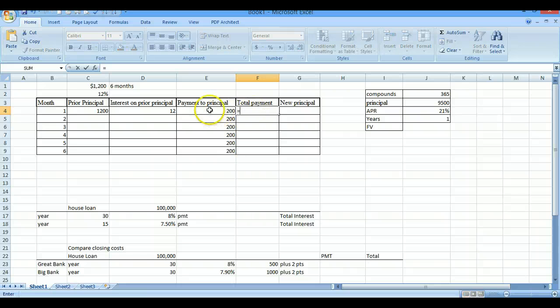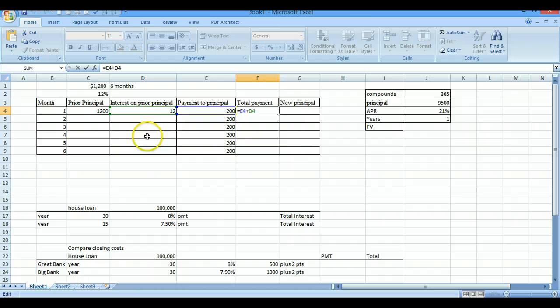And our payment that we have to pay towards the bank will be those two cells added, or we can write sum and then highlight the cells. Either way, it works. And I didn't need to absolute cell reference those because on the next months, the interest is going to change because the principal will change.